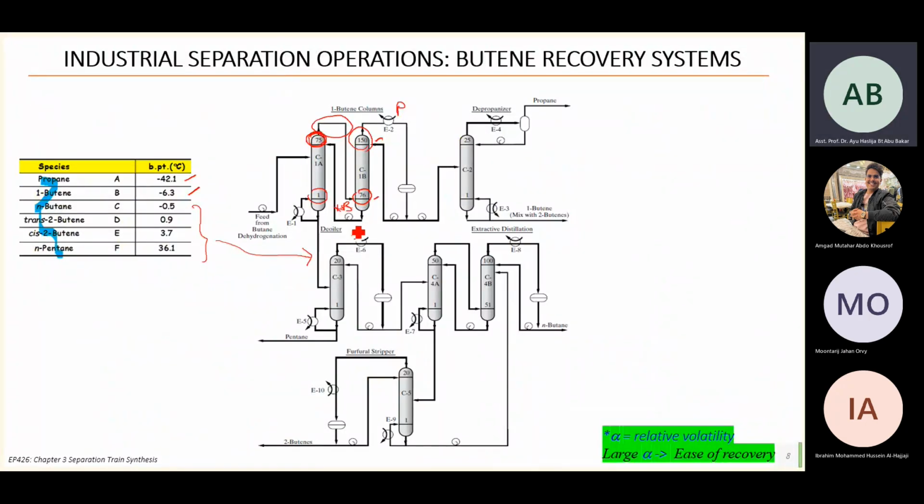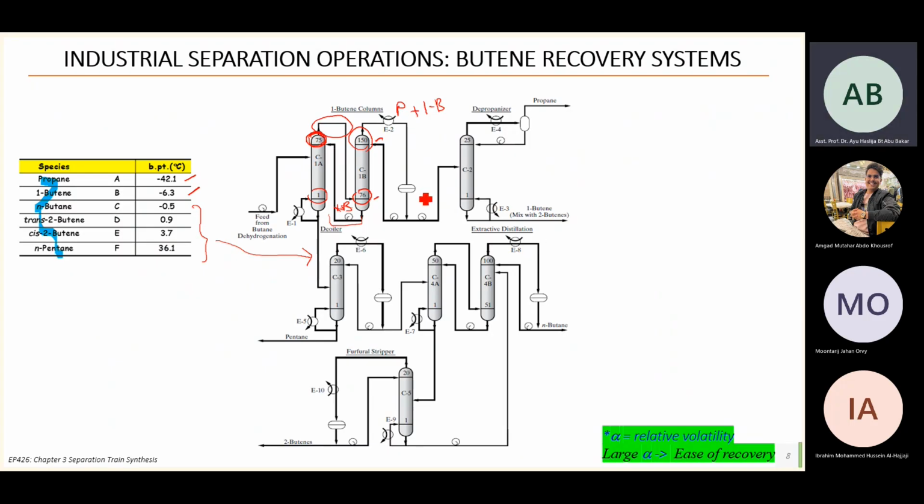So this stream, the one that goes back to the first column, perhaps still consists of leftovers of the butene and propane. This top product will be propane and 1-butene, a mixture. It is purified, but perhaps it still consists of other components apart from propane and 1-butene.